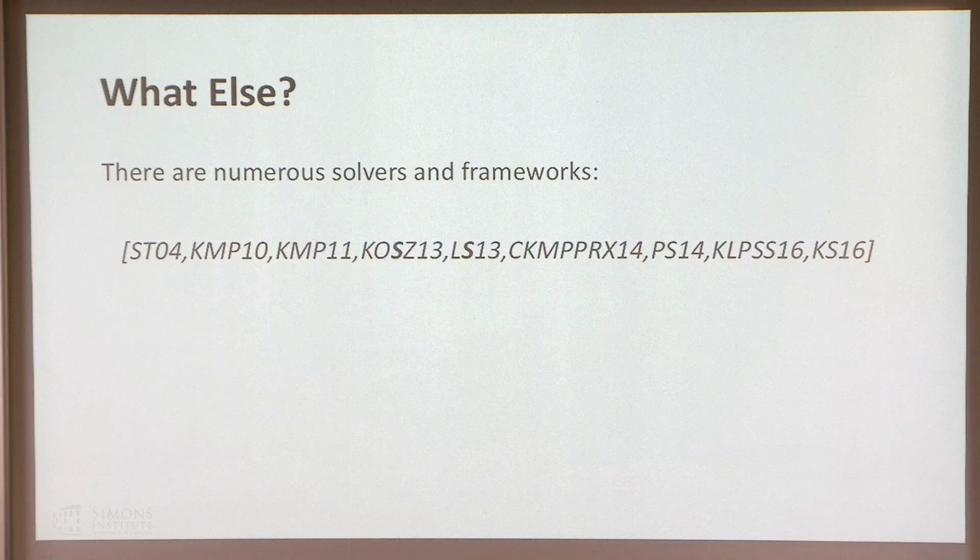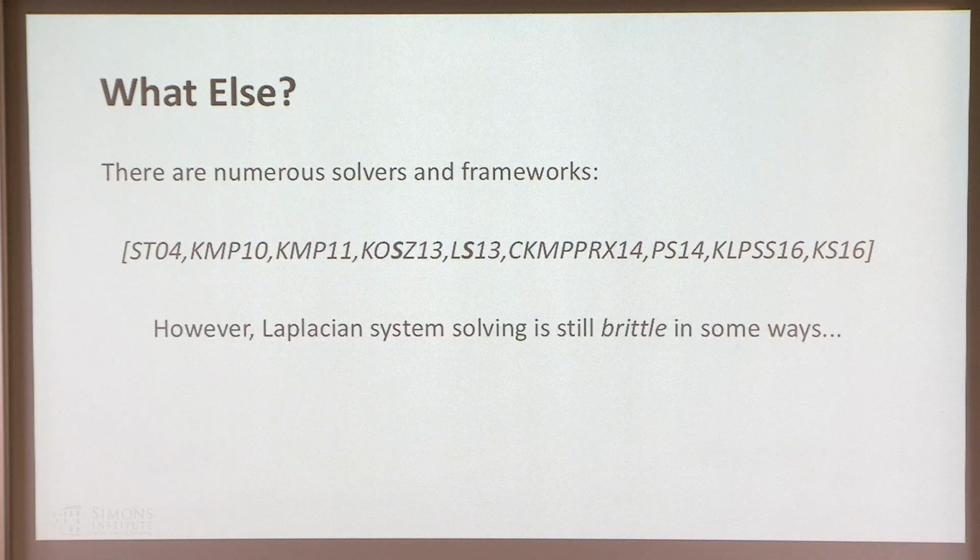You can show that there are still some ways in which Laplacian system solving is somewhat brittle. There's still a number of classes of linear systems we would like to solve in near linear time that are very closely related to solving Laplacian systems, and yet we still don't know how to solve them any better than the trivial runtime of ignoring any of their structure and solving them like an arbitrary system.